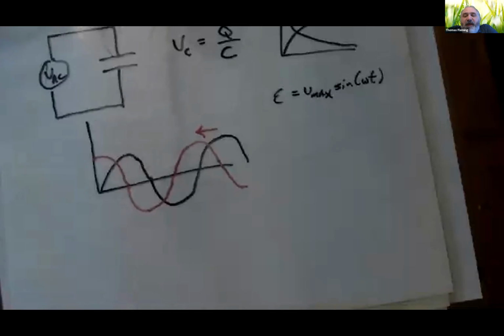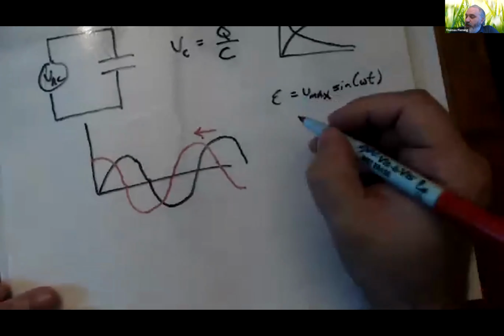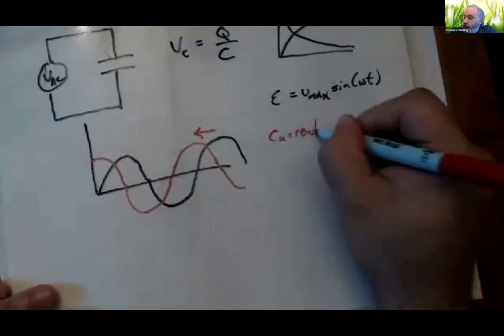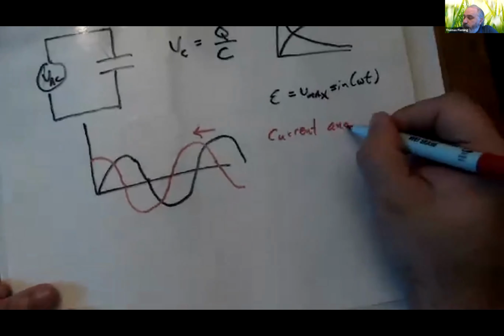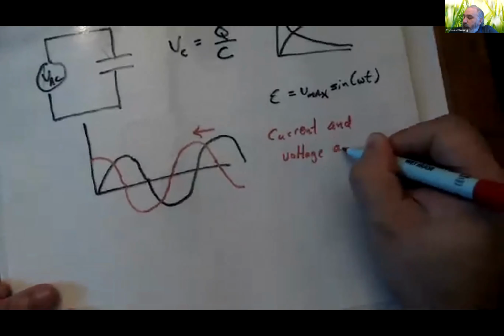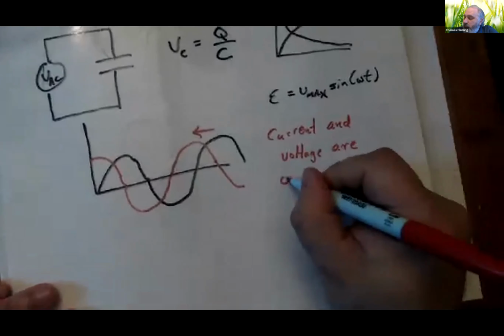So what we say is that the current and the voltage are out of phase.